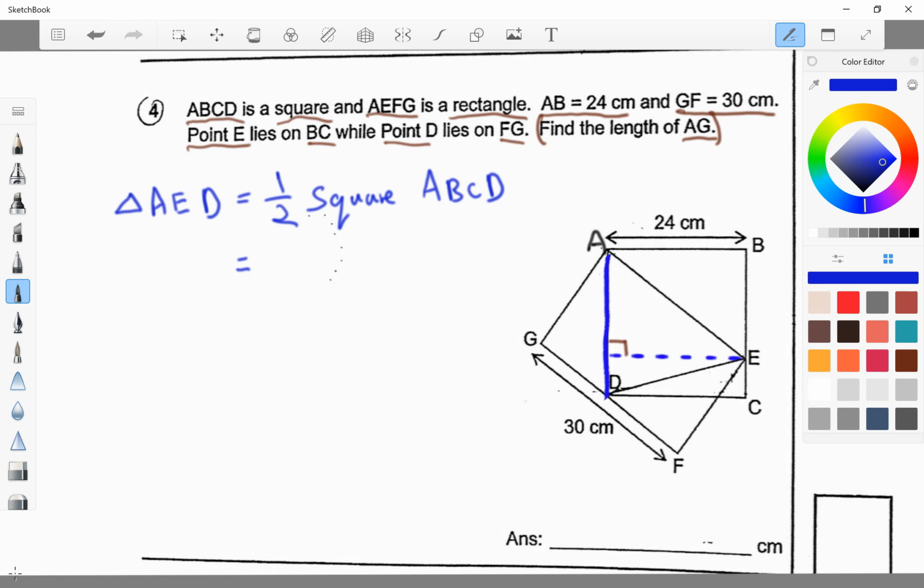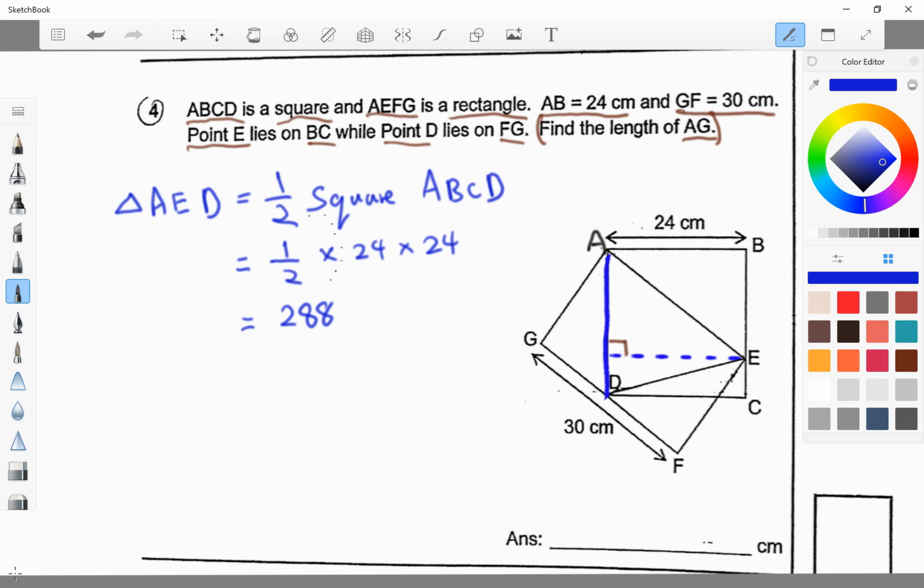So in doing so, I know that this square ABCD is 24 by 24. So I'll just work it out. Half times 24 multiplied by 24. And in doing so, let me just key the numbers into my calculator. And the answer is 288. So 288 happens to be the area of triangle AED.